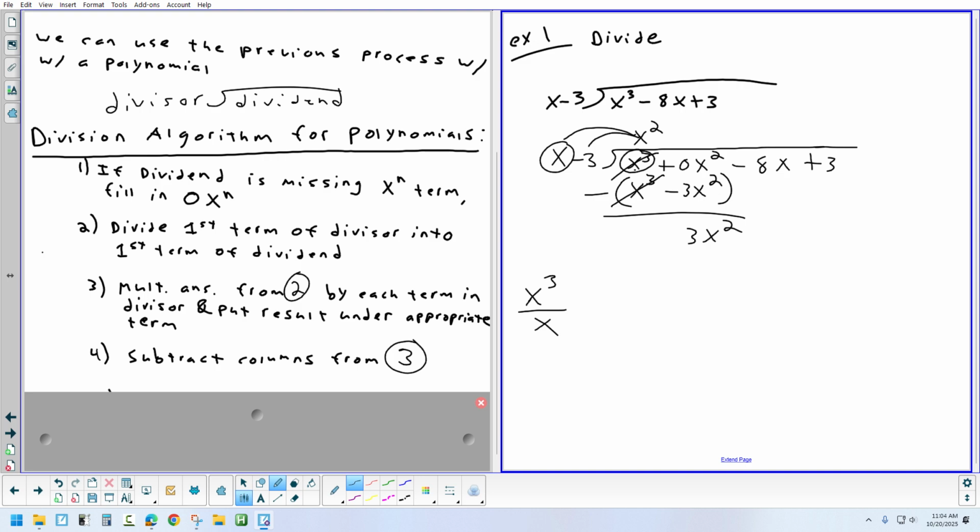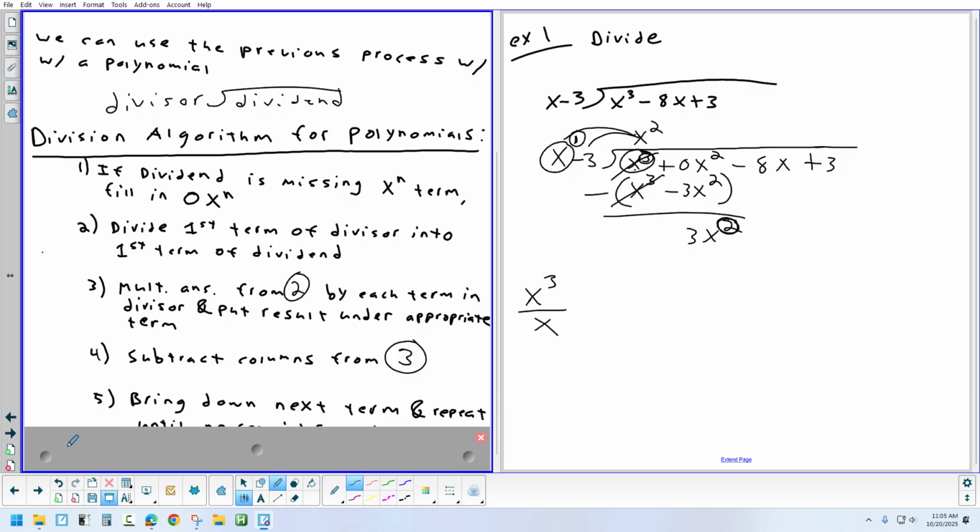Notice now the exponent you started with was a 3, and now it's down to a 2. Each time you do this, the exponent is going to go down, and we need to keep going until this exponent is smaller than that exponent. So we're going to go again.